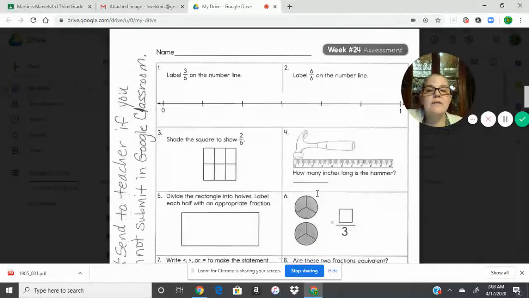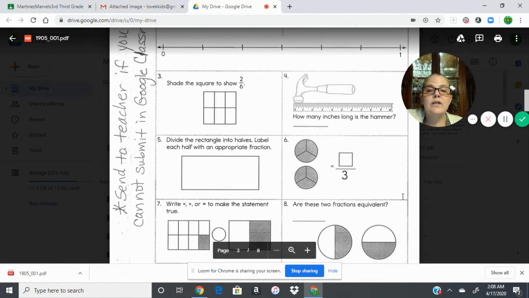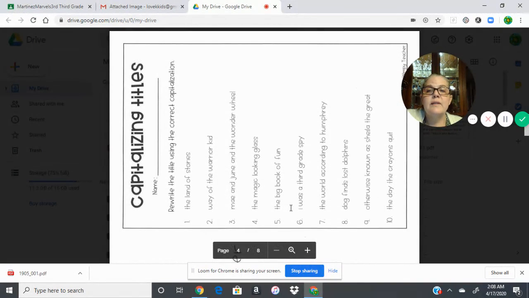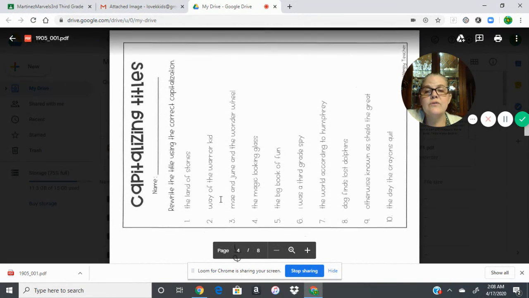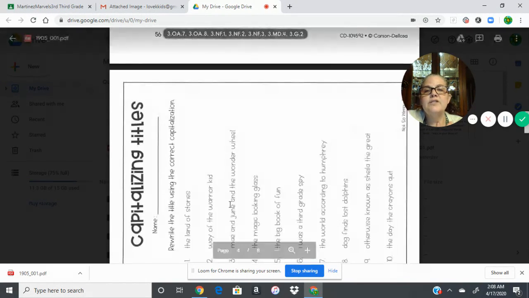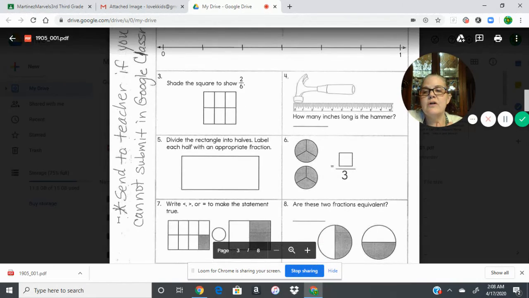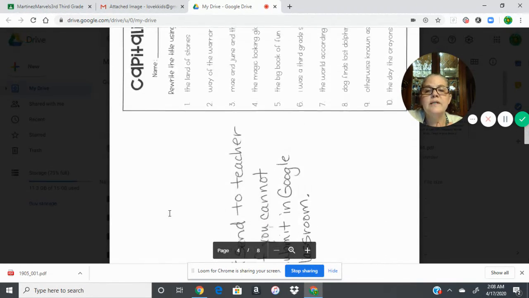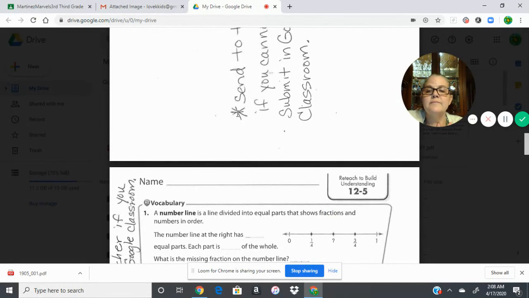All right, so here's our Math for Today paper. We're going to go over this in Google Classroom in just a moment. And then we have our capitalizing titles. We're going to go over that in Google Classroom, excuse me. But I did put a star on here to remind you, if you don't do it on Google Classroom, that this needs to come back to me.